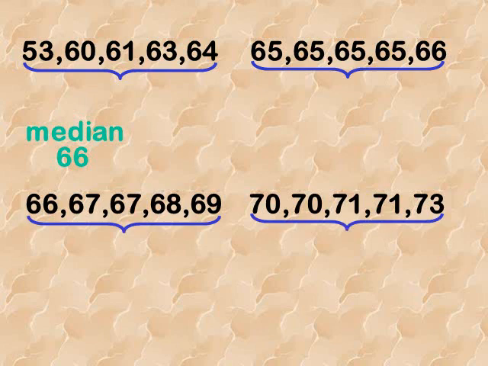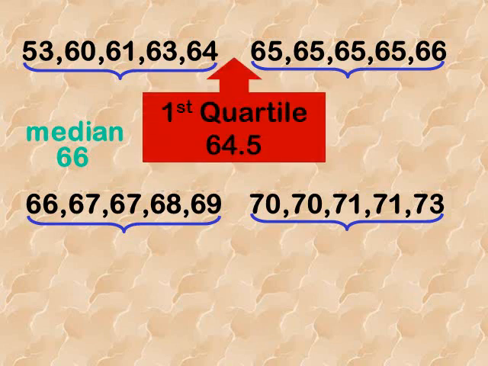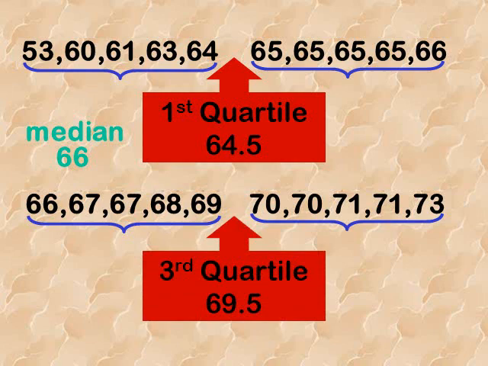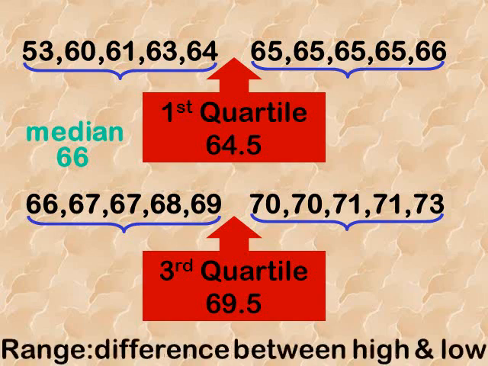Our third quartile is going to be between 69 and 70. Our first quartile is the average of 64 and 65 because it's between those two values. And our third quartile is 69.5, the average of 69 and 70.